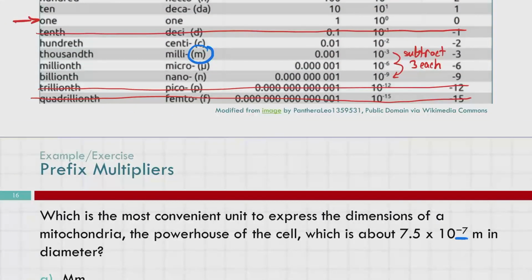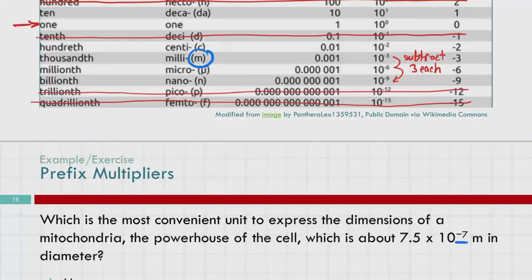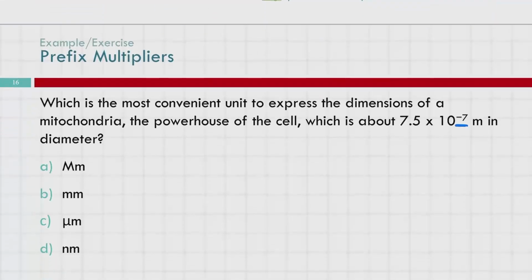So on our prefix table, 10 to the minus 6 is going to be micro. 10 to the minus 9 is going to be nano. So those are both right around the same size as 10 to the minus 7. So micro could work. That's got the Greek letter mu for its prefix.